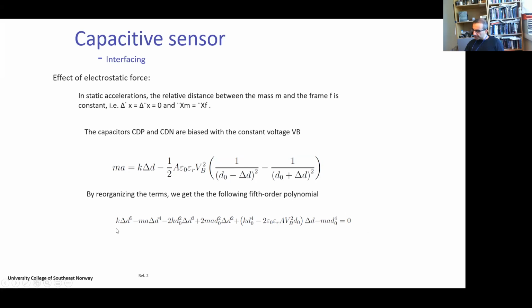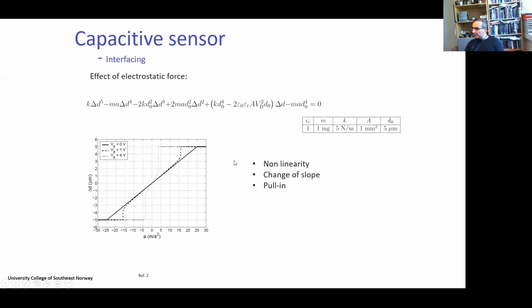From this, we can, for example, choose an accelerometer with these parameters: a mass of 1 milligram, epsilon of 1, spring constant K of 5 Newton per meter, an area of 1 square millimeter, and the distance D0 when the plates are not moving of 5 micrometer.